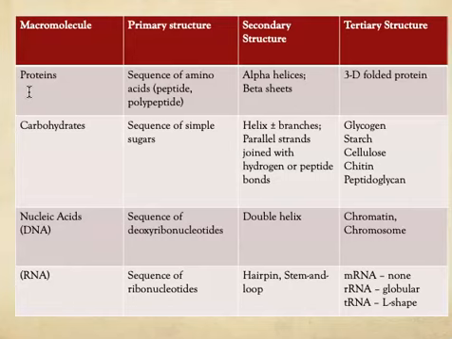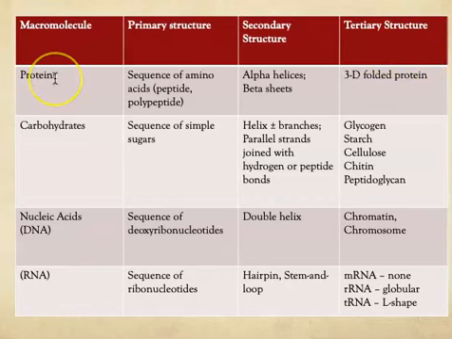So we describe structure as having 3 levels: a very basic or primary level, a slightly more complex or secondary level, and a mature, fully formed tertiary or third order level.